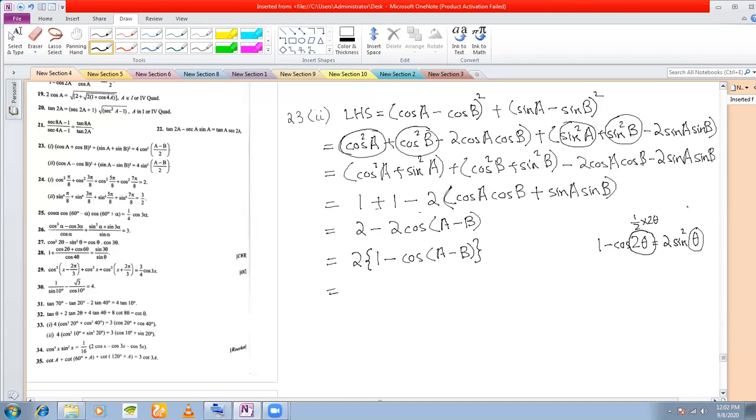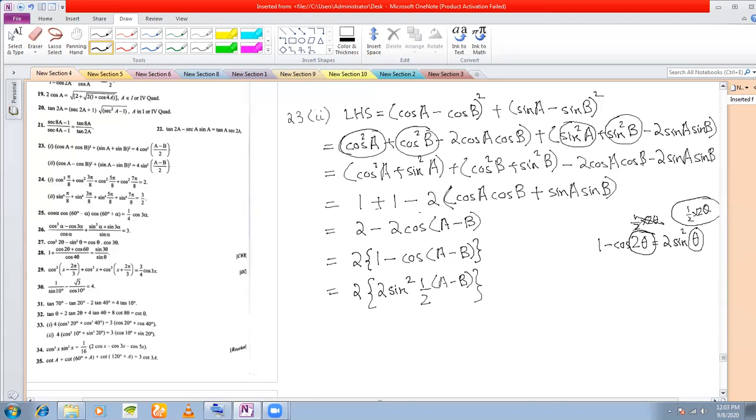That means this theta is half of 2 theta. So if I am writing 1 minus cos (A minus B), this should become 2 sine square half of (A minus B), right?